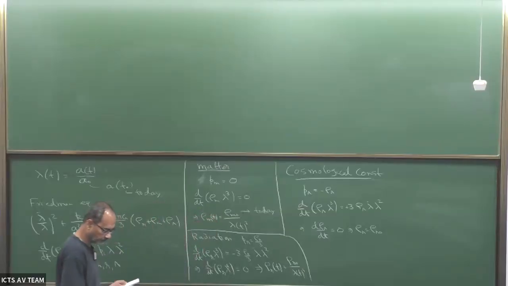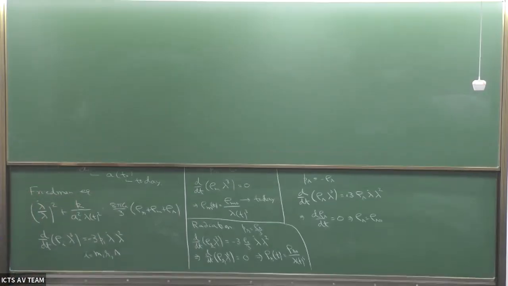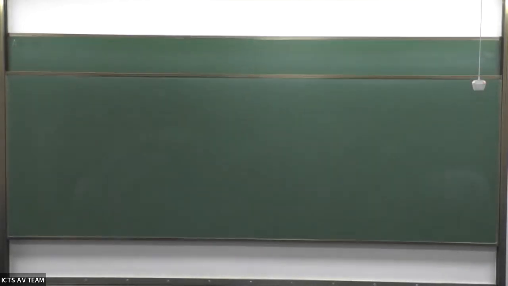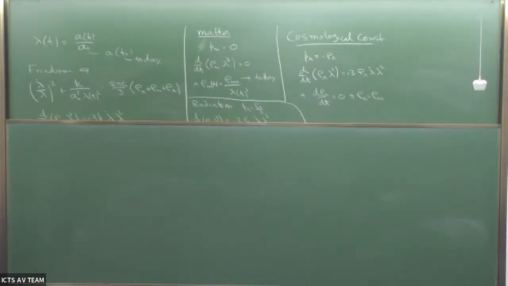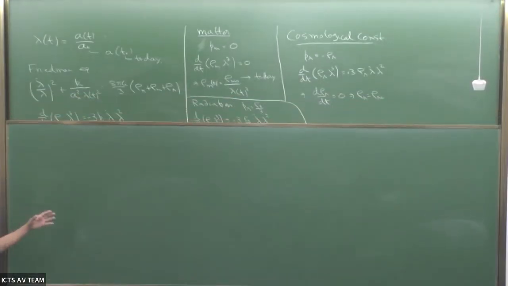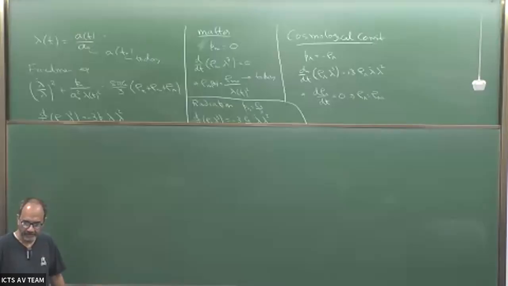So for the co-moving observer, you will see that the energy density in matter and radiation are falling, but the cosmological constant remains fixed.